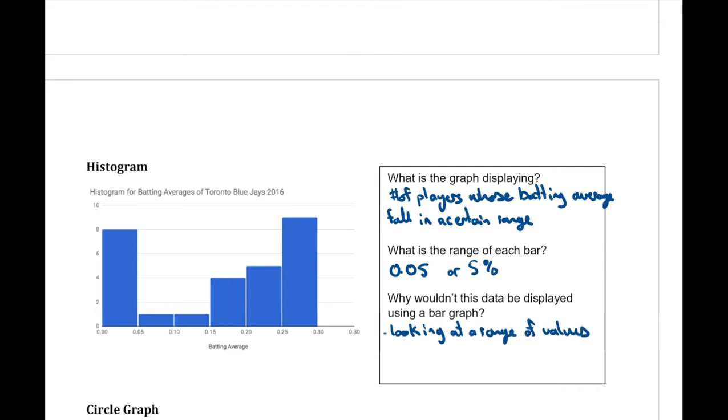If it was a bar graph, chances are we would just have a height of 1 for every single individual value, because every single batter is going to have a different average. So not every player's average is the same.